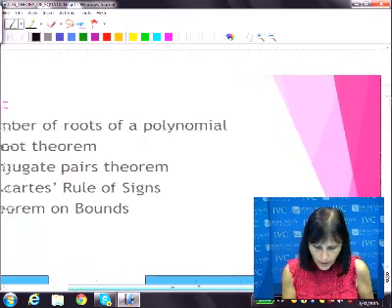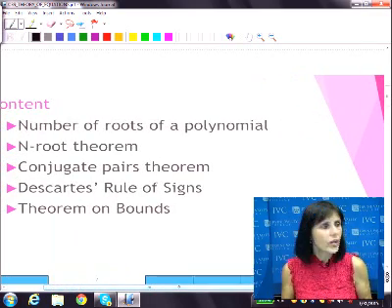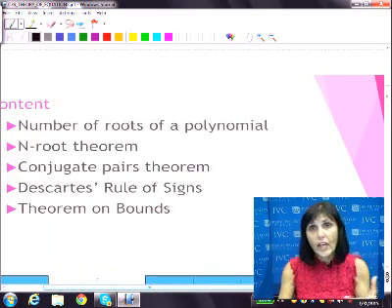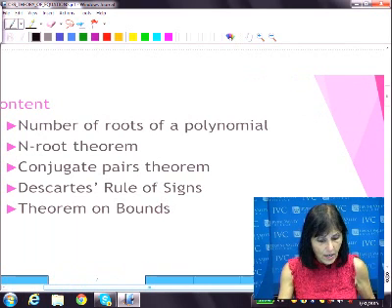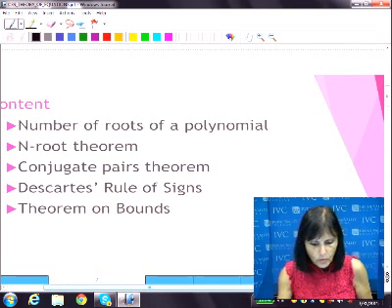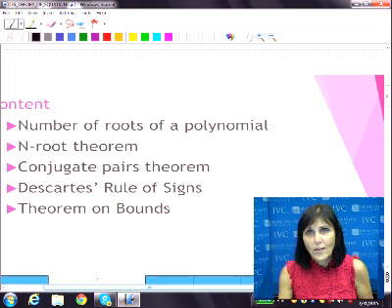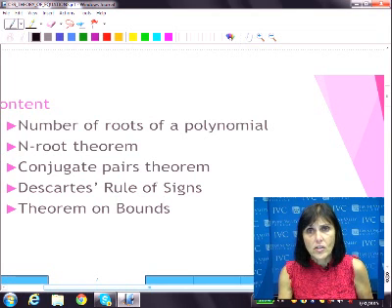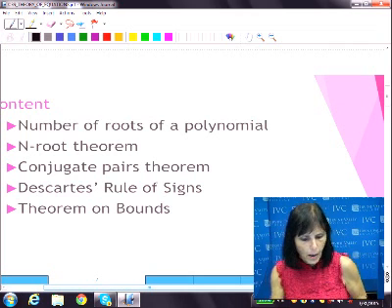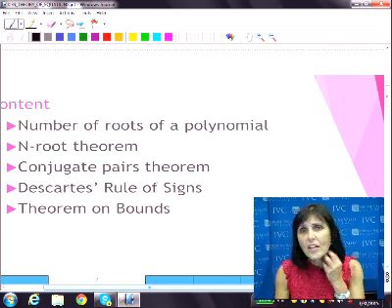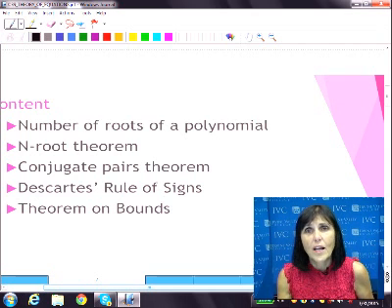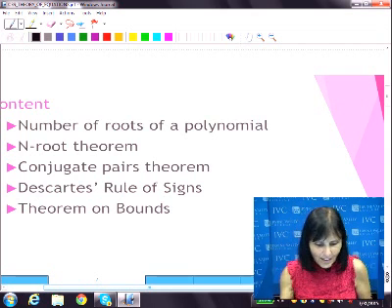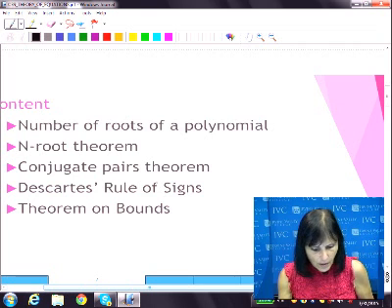Okay, so we are going to look at how we can look at a polynomial, an equation, and then it says, oh, there are that many possible roots. And the root theorem that comes with that. Conjugate pairs theorem: if you have imaginary numbers, complex numbers, they come in pairs, and that's the theorem.